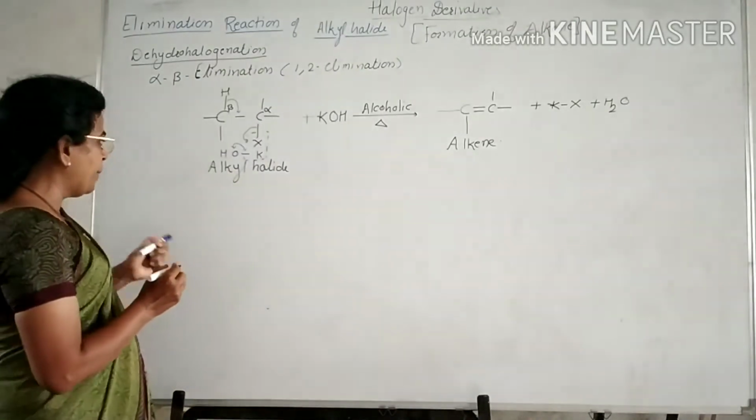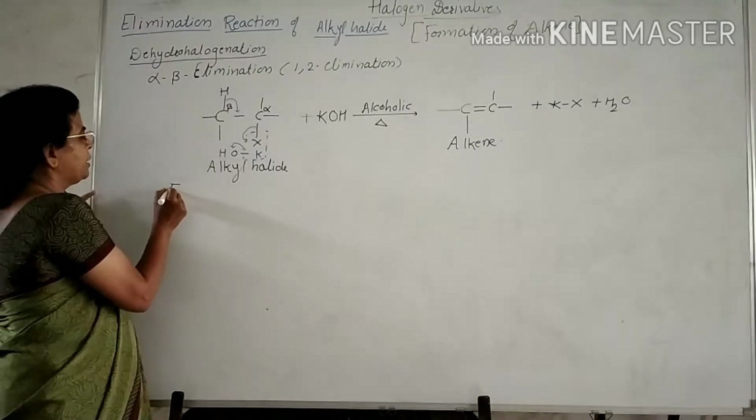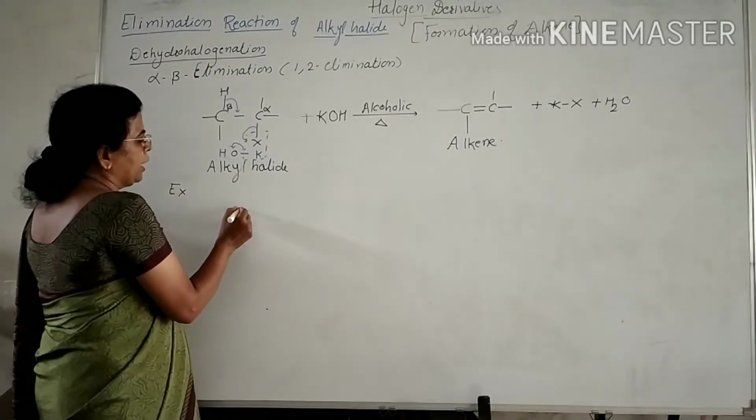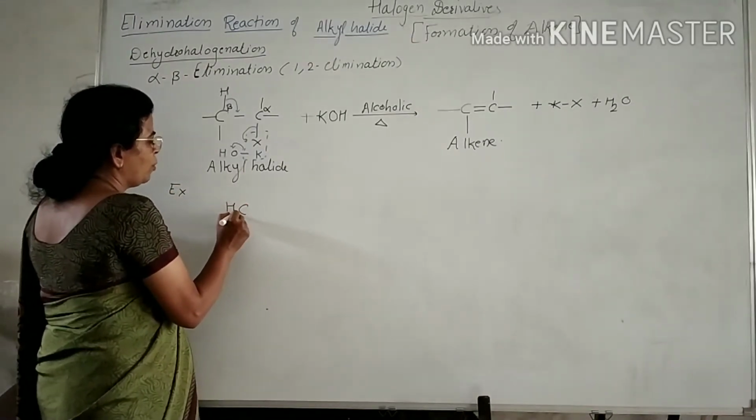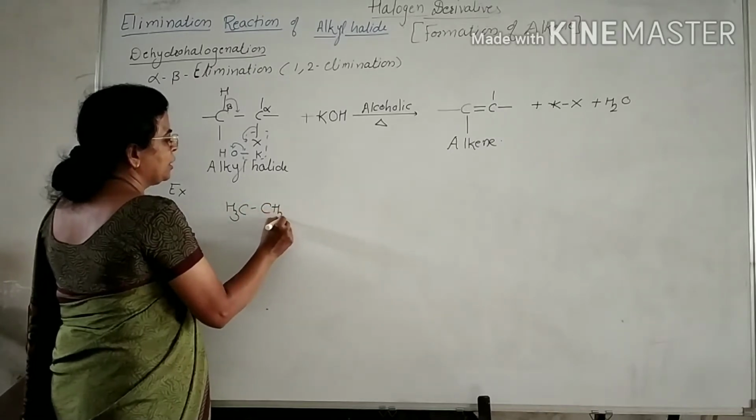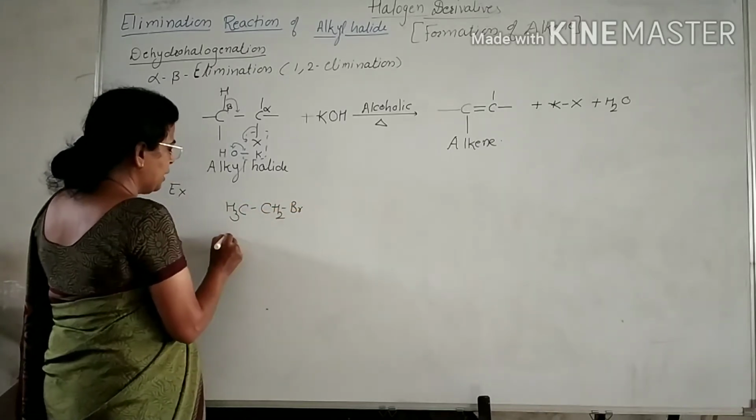If we take an example, for example, ethyl bromide, CH3CH2Br. This is ethyl bromide.